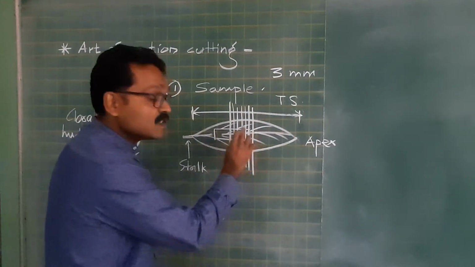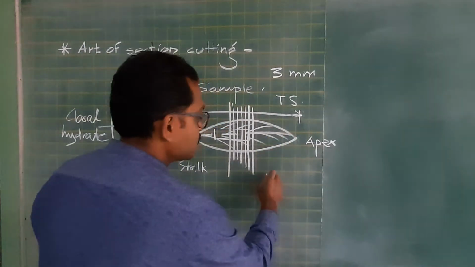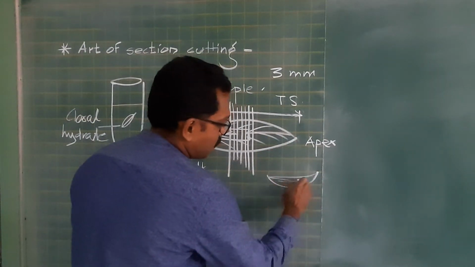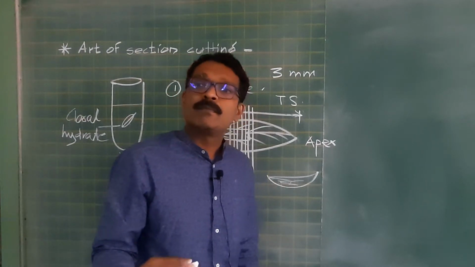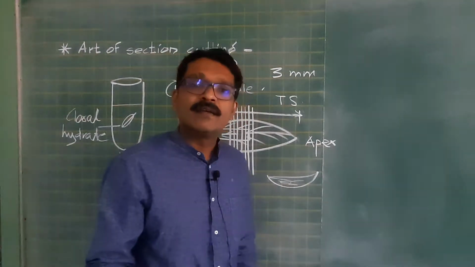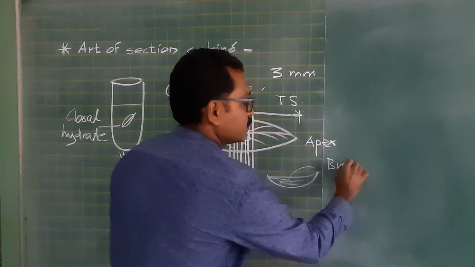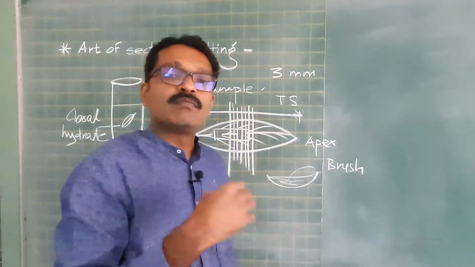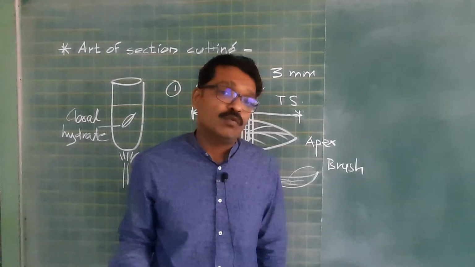Okay, so these 15 or 20 small sections you are going to transfer into the stain and wait for some time, let the staining reaction occur, and after that with help of brush you can take and mount under the microscope.